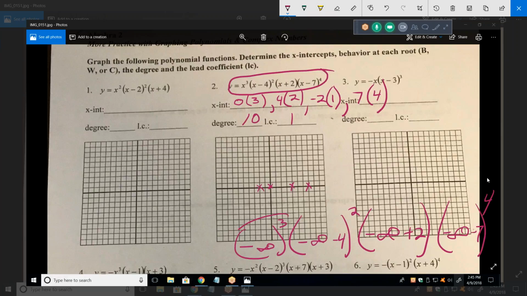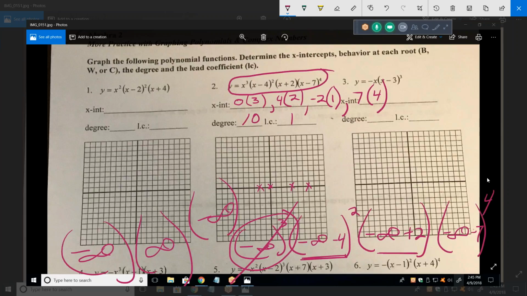What's that equal to? Positive infinity? What's negative cubed? Negative infinity. All right, so that term's negative infinity. What's the second term? Infinity? What's the third term? Negative infinity. And what's the fourth term? Infinity?